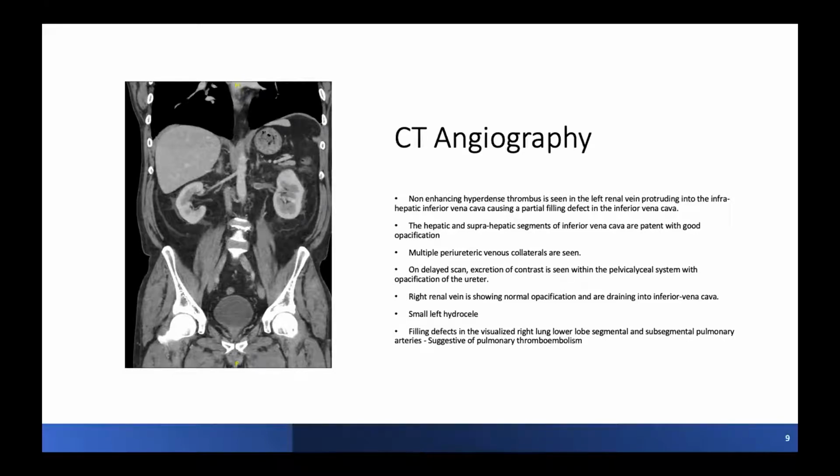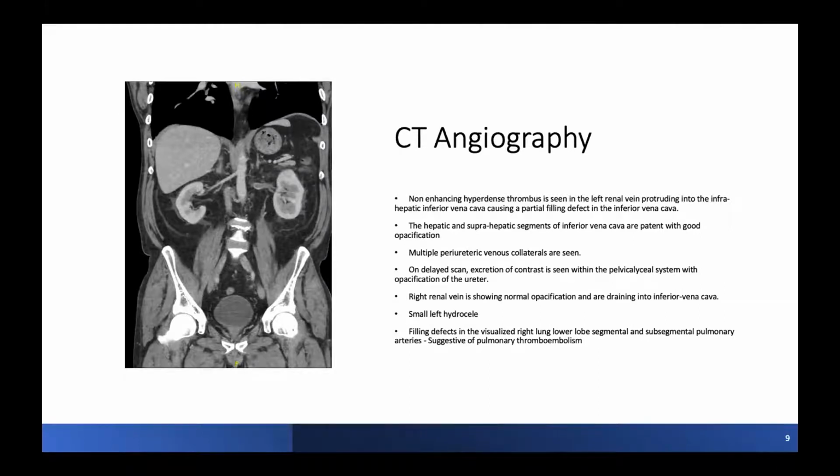And there was some suggestion of possibility of pulmonary thromboembolism on the CT angiography, but we haven't pursued further, and CT pulmonary angio was not done because patient was hemodynamically stable, and CT pulmonary angio was not going to change his management strategy.